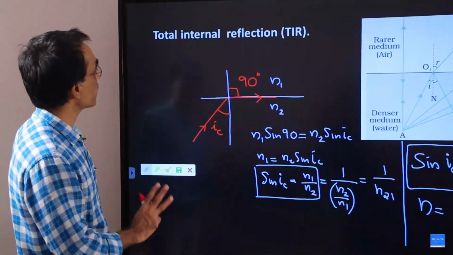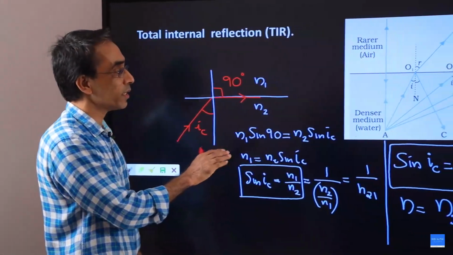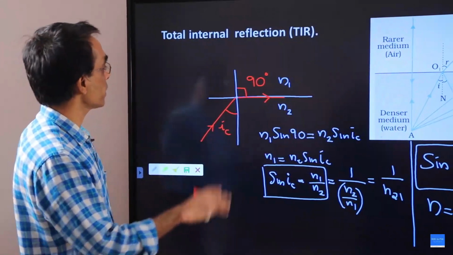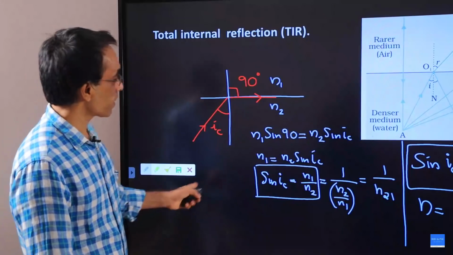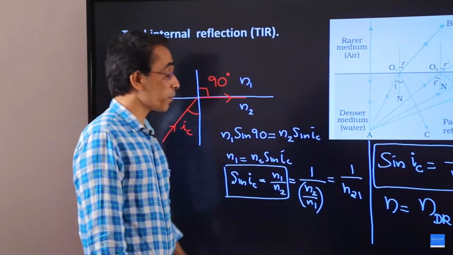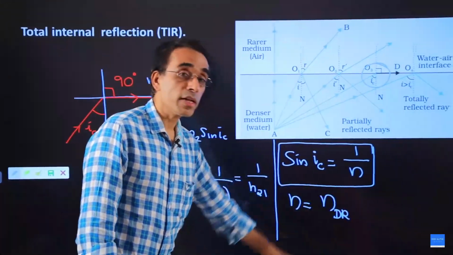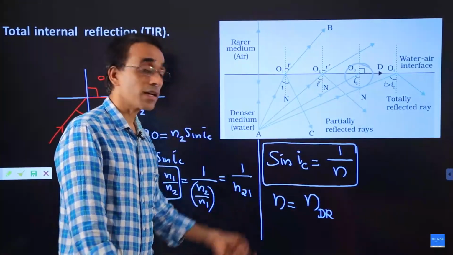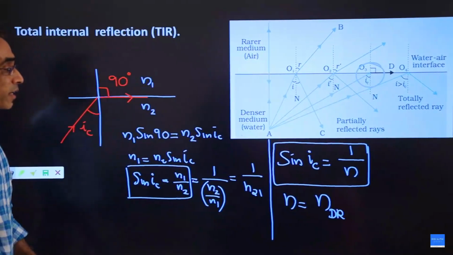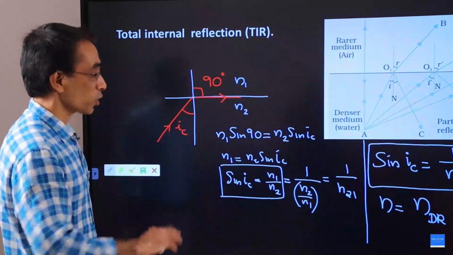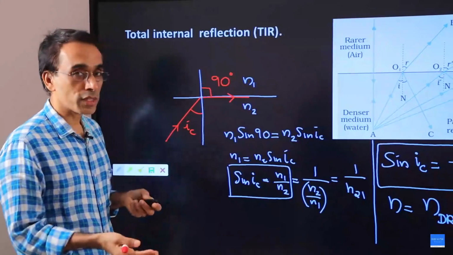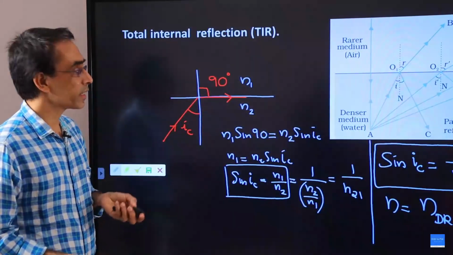The derivation, definition, what is internal reflection, what is total internal reflection, what is the difference between these two, critical angle and the refractive index relation. And you can say one more point, that if refractive index increases, critical angle will decrease. That is how they are related. Not exactly inversely proportional, but when refractive index increases, critical angle decreases.